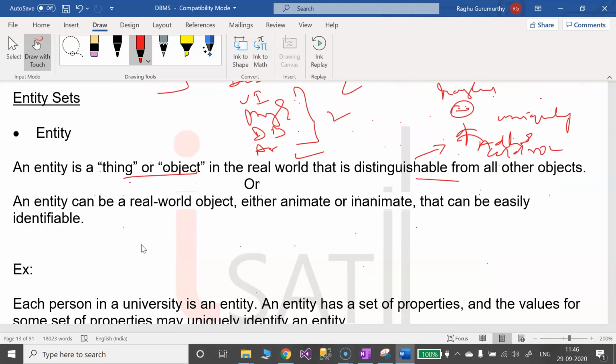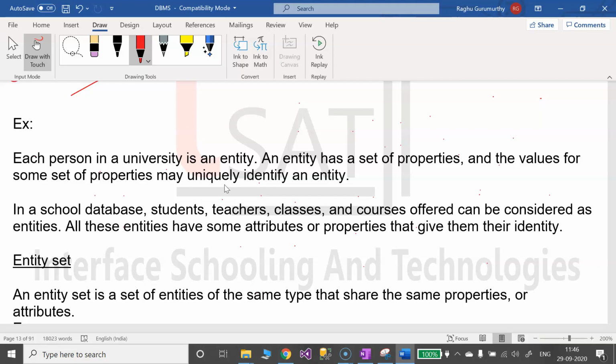Next, the entity can be a real world object, either animate or inanimate, that can be easily identifiable. This is the second definition. You can go with whichever definition you feel is better. Later, the example they give: a person in a university is an entity.